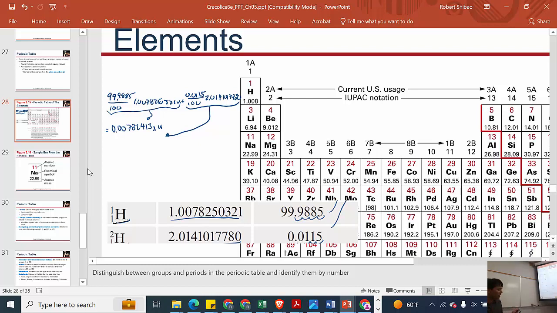How many sig figs am I allowed in this? 3. So this is going to be 0.000231. And then I'm going to carry one extra digit to minimize rounding error. So this is 3.